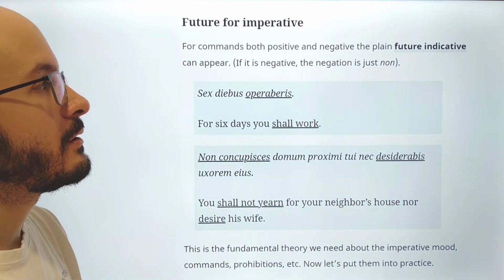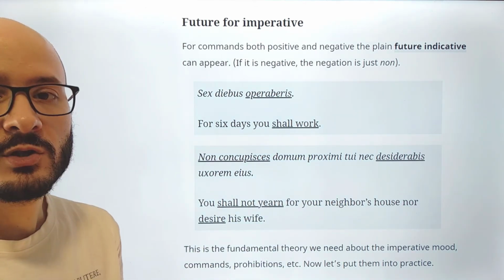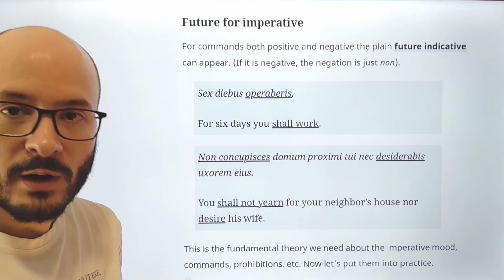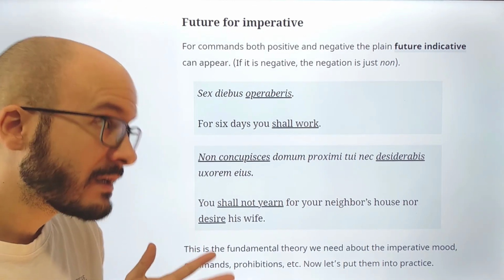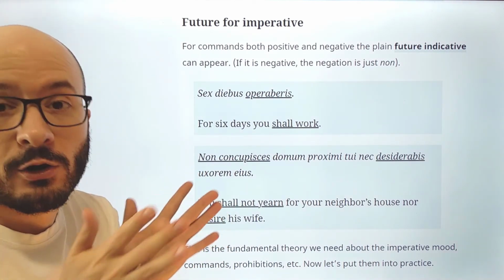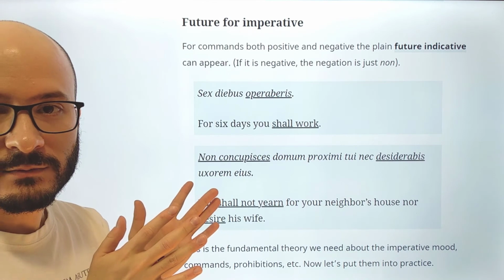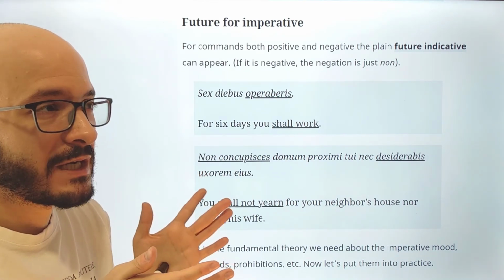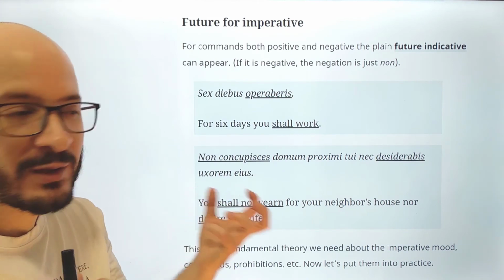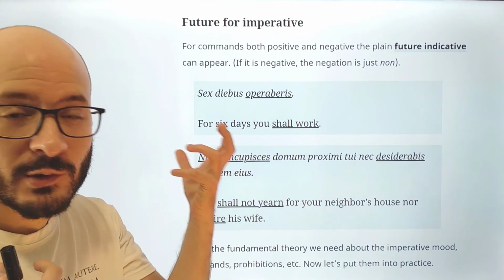So that's it. This is the last theory, the fundamental grammar in the course. With this, we pretty much know a lot of Latin. With this, we can already face any text, of course. The thing is not about just knowing the theory, just knowing the grammar.